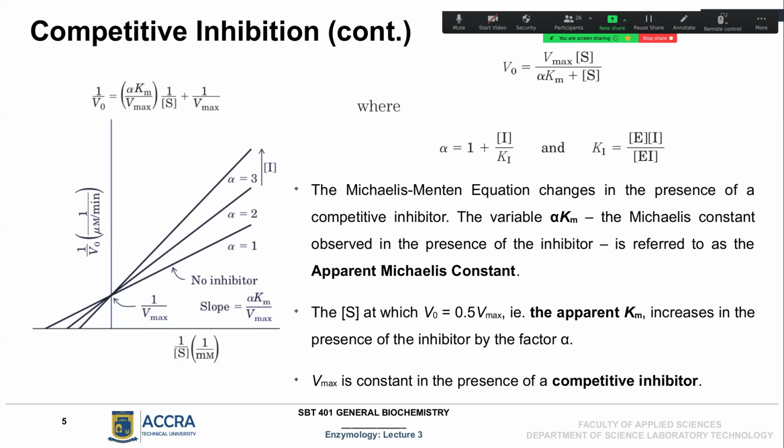So the maximum rate of reaction is constant, but the concentration of the substrate varies. The concentration of the substrate will have to be increased in order to attain half of the maximum rate of the reaction for a competitive inhibitor.